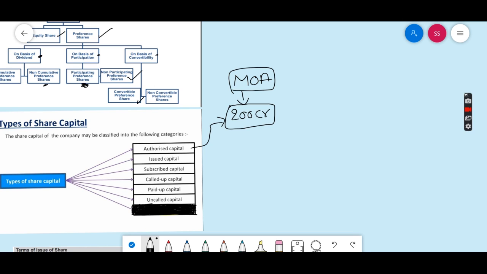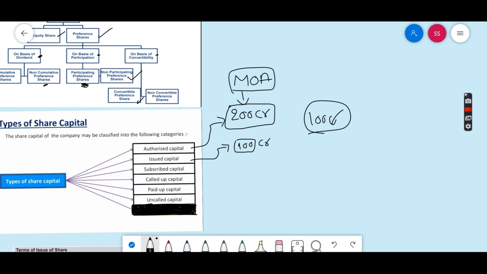Obviously you don't need all the money at once. You have issued 100 crores worth of capital to the public. Even though you have issued 100 crores worth, it depends.